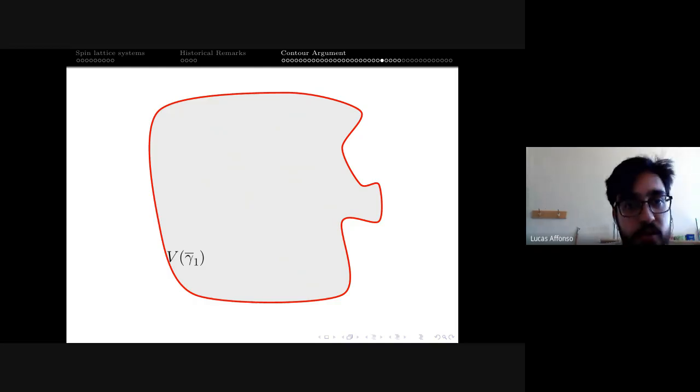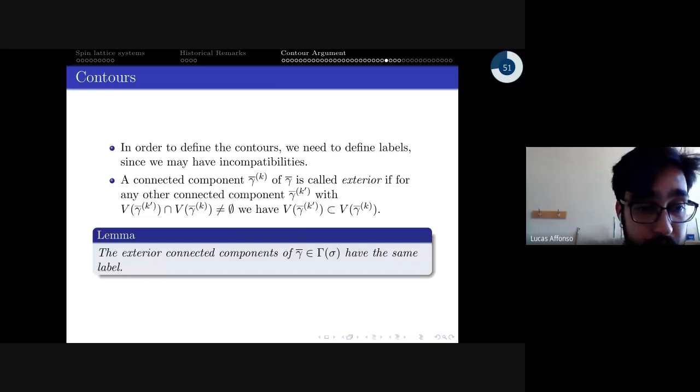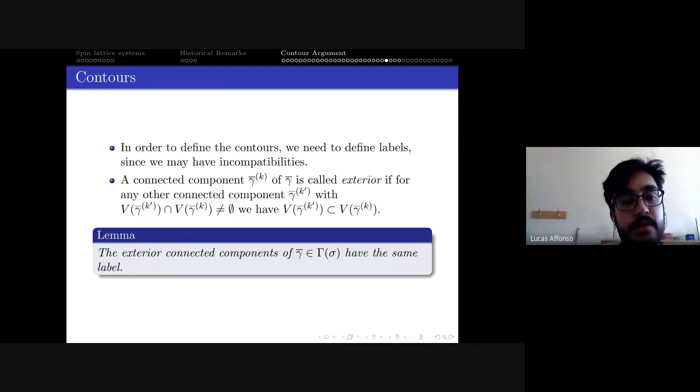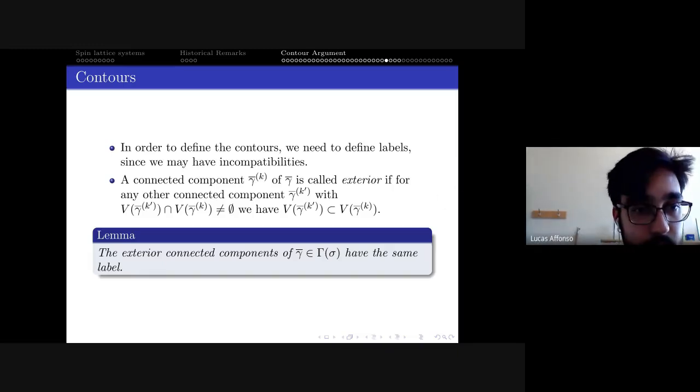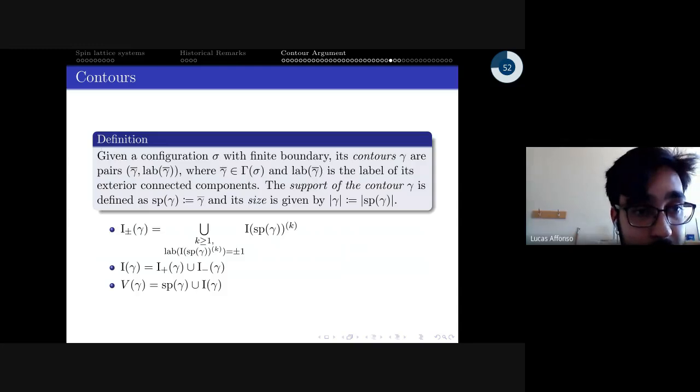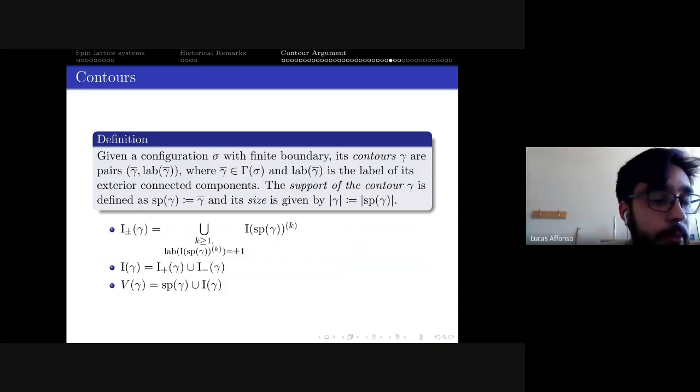But in the most general case, you have many different connected components. It's a nice fact that all the exterior components, in the sense that they are not contained in any other connected component of gamma, have the same label. So, okay. Now we get to our definition of contours.